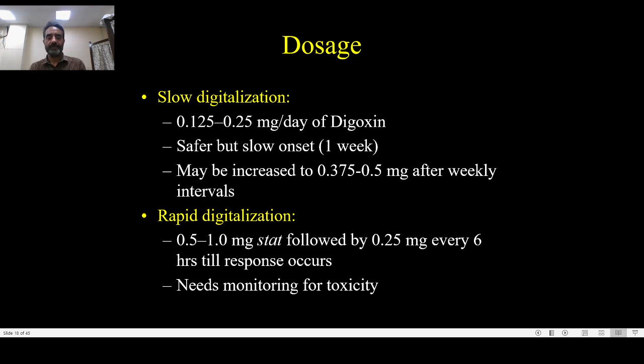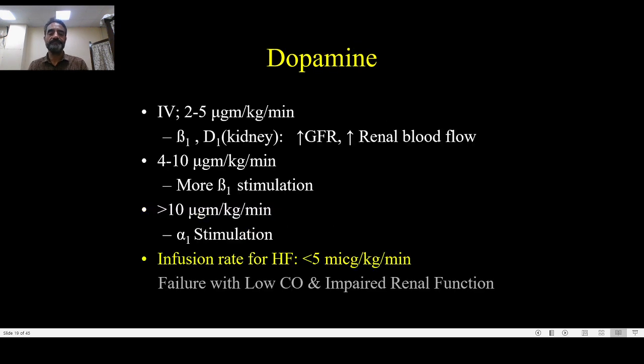So it may be increased to 0.375 to 0.5 milligram at weekly intervals. Rapid digitalization: we give 0.5 to 1 milligram stat followed by 0.25 every 6 hours till the response is there. In this mode there is rapid onset of action but it needs monitoring for toxicity.